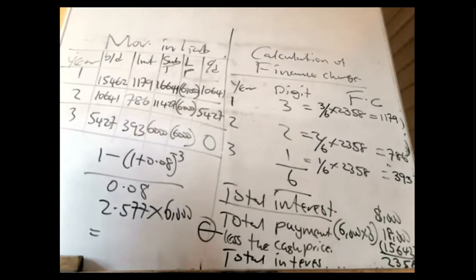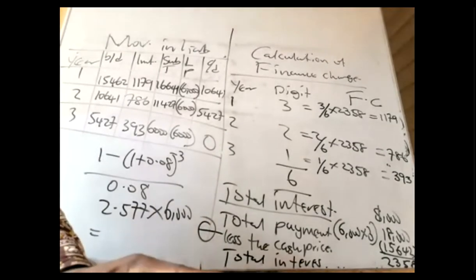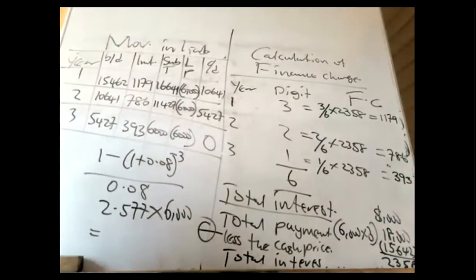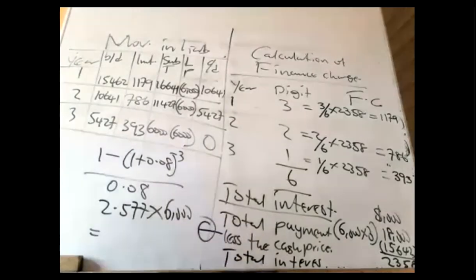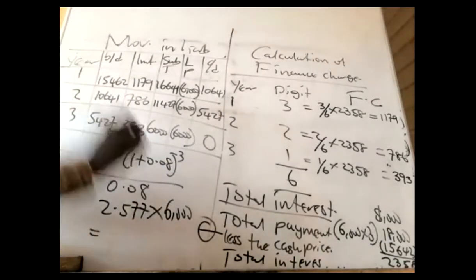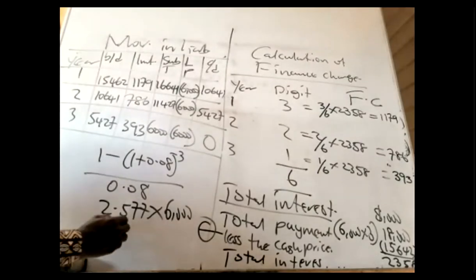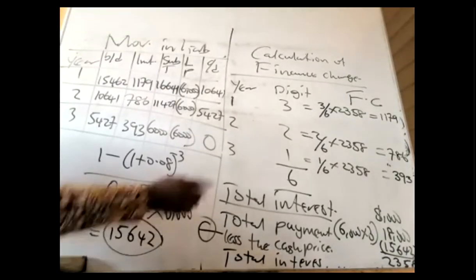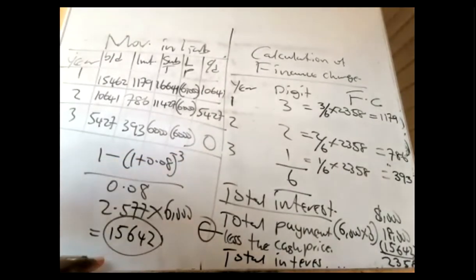Perfect. Everything is the same as the one given to us in the question, right? Then this figure should be 0. There's an issue here. In fact, this is given at 15,642, meaning that's the same as the one that they give us in the question.